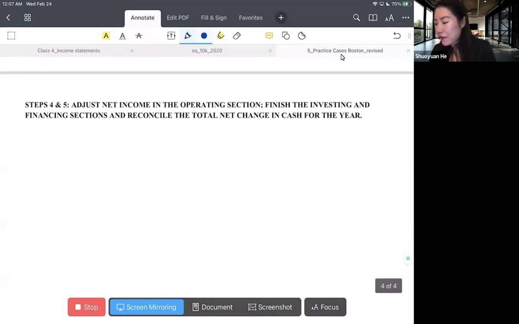And then the fourth and fifth step is to adjust net income in the operating section, and finish the investing and financing sections. So it's basically the fifth step. We need to put everything into the format of a cash flow statement.